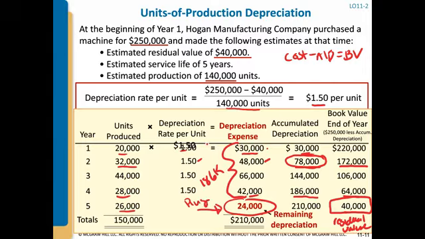It's whatever is needed to make your ending book value equal to $40,000. Notice that this $1.50 did not carry to year five because we didn't use it. We just plugged it to make it work so that our residual value is our ending book value.